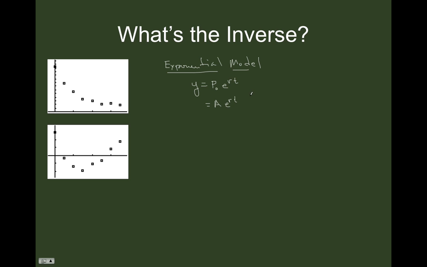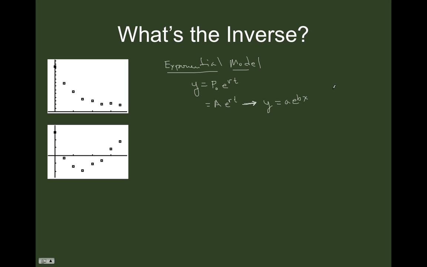Okay, now what I want to do though is be consistent with our book's notation for these constants, and so I'm going to actually use lowercase a and b in place of P naught and r, and x in place of t, okay? So this is the same exact model.